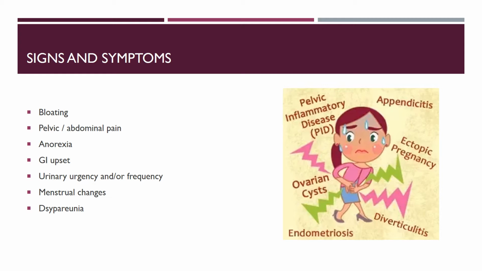A lot of those symptoms can be found in other illnesses like endometriosis or appendicitis, pelvic inflammatory disease. So it's very hard to diagnose ovarian cancer based on signs and symptoms because a lot of times they can be misinterpreted or misdiagnosed with a more common illness.